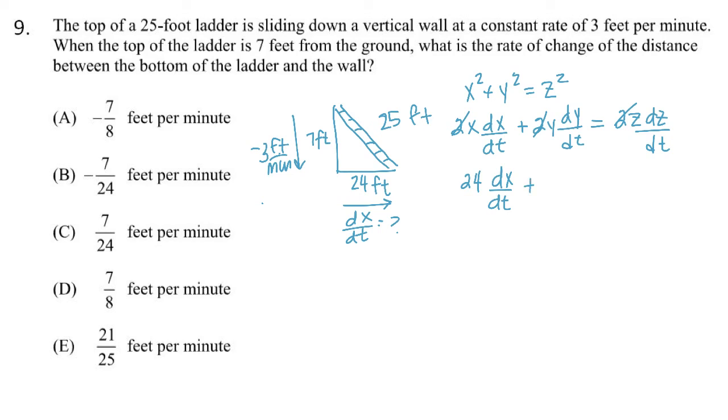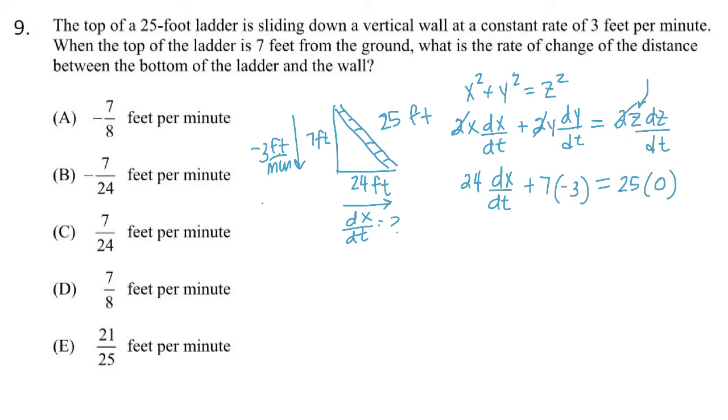And our y value, let's see, was 7 times the rate of change of y is -3 because it's sliding down the wall, equals, well, I know this side is 25, but it's 25 times the rate of change of the ladder. The length of the ladder is not changing, so it has to be 0.